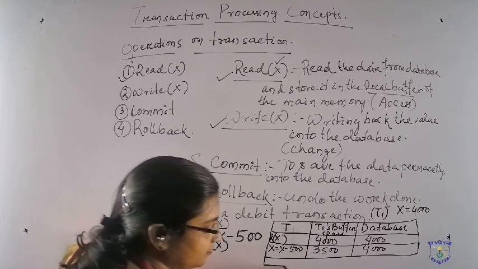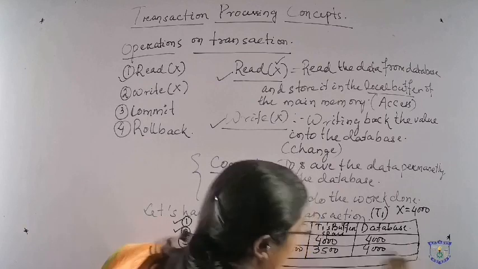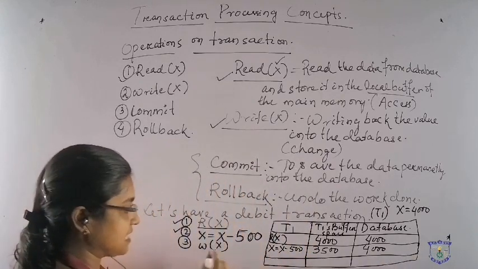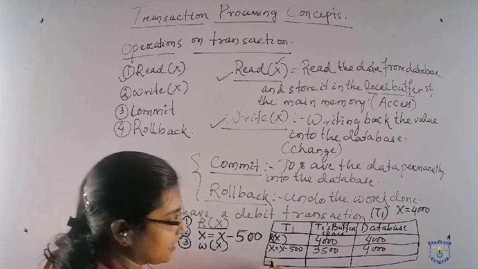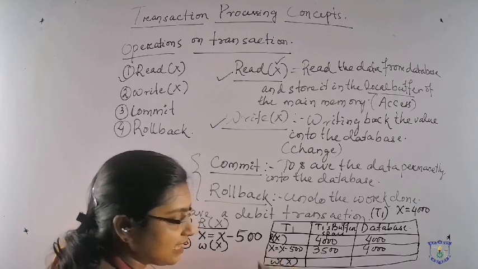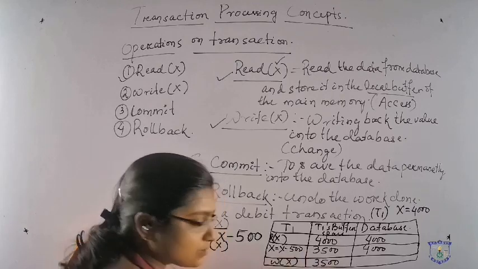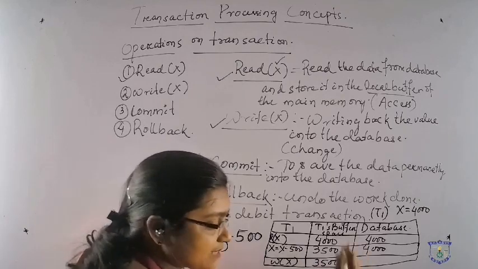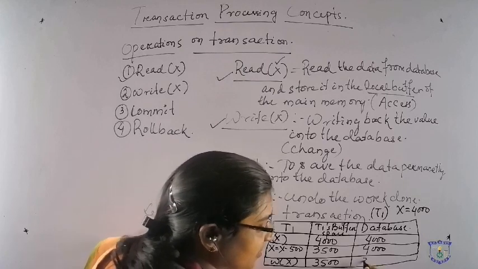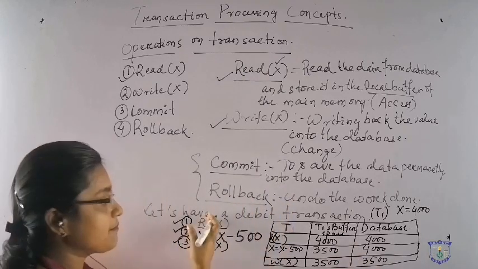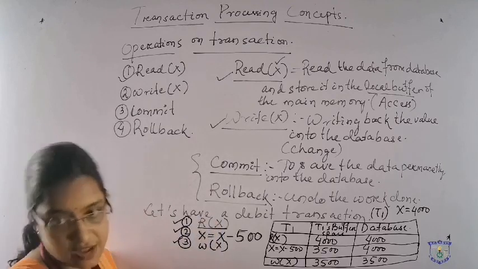Now, moving on to the last step, that is write of X. In the write of X, the buffer value will be 3500 and the database value will be changed to 3500. With this we have completed the debit transaction.